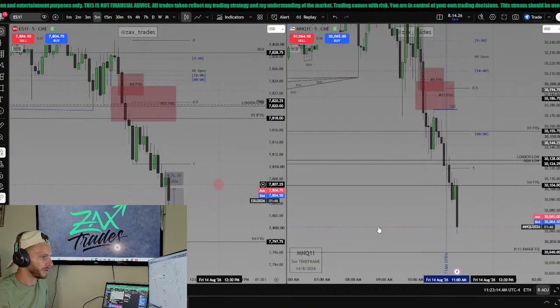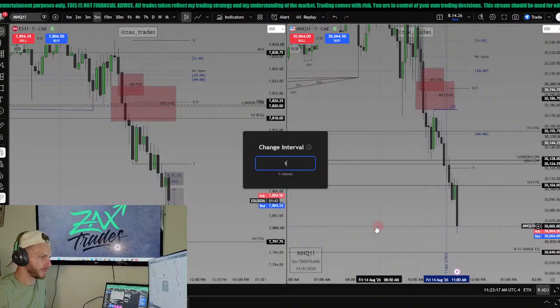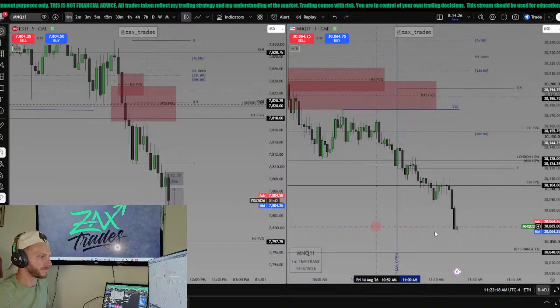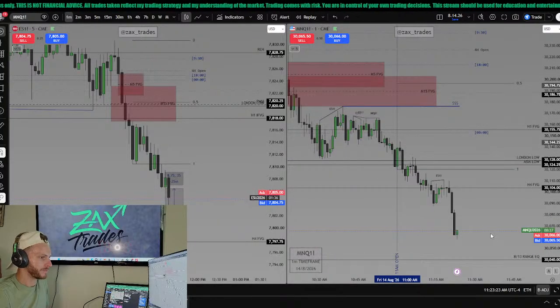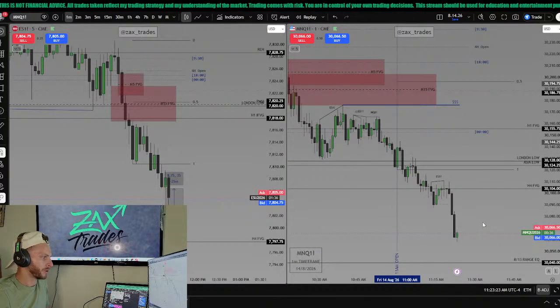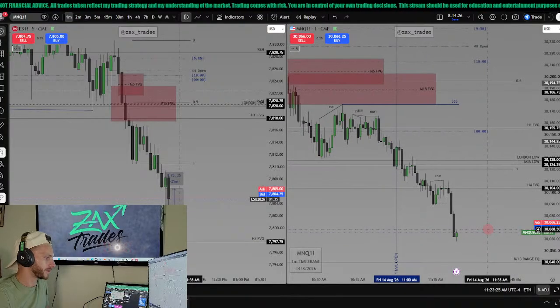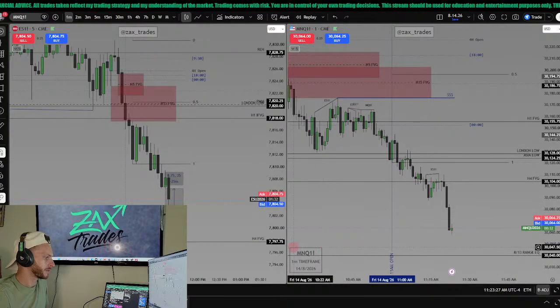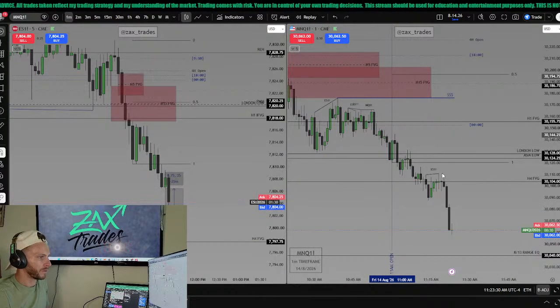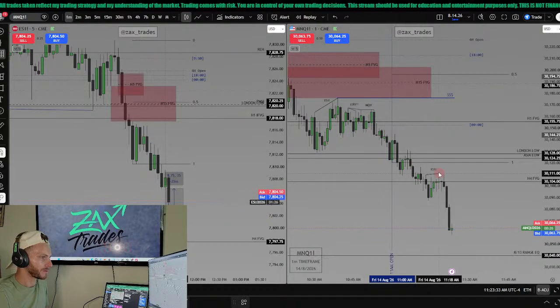It's just not pulling back. It's just not pulling back. All right. I don't really see anything that it could want to rebalance.